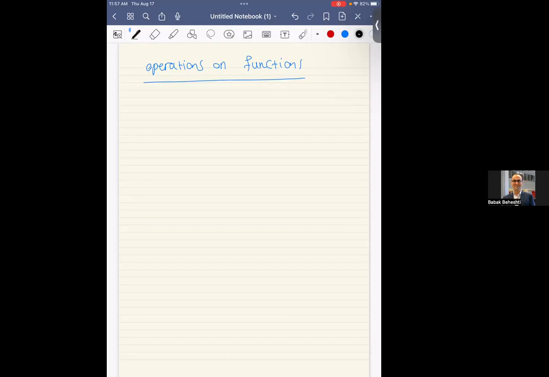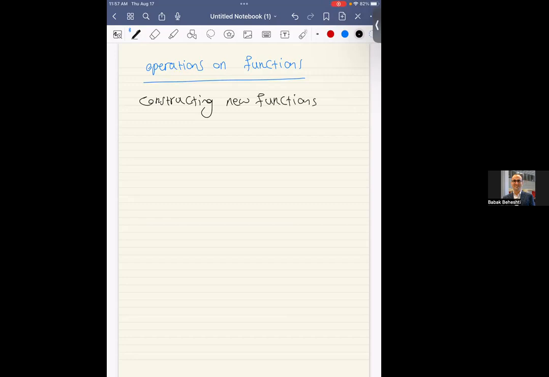Okay? So we have something similar to numbers, but for numbers, you don't have composition of numbers. You cannot compose two numbers. So basically, constructing new functions.